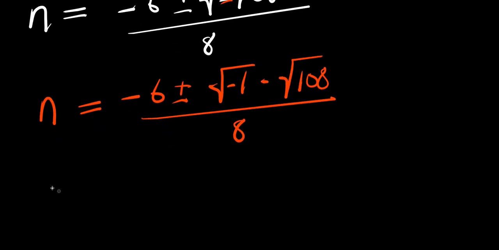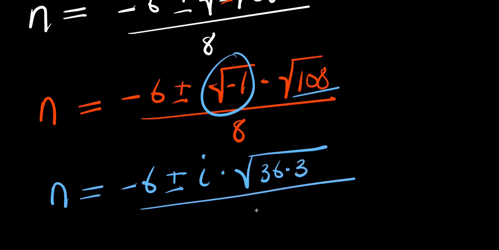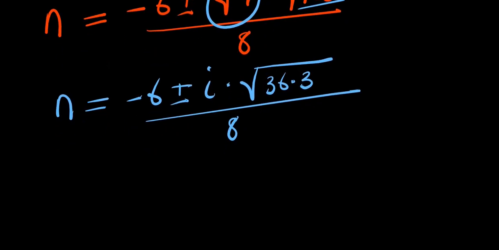So from here, we have n equals negative 6 plus or minus square root of negative 1 here is i times square root of 108. We can express it as product of 36 times 3. And this is divided by 8. From here, we have n equals negative 6 plus or minus i times square root of 36.